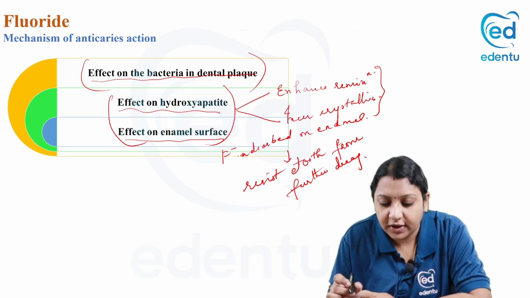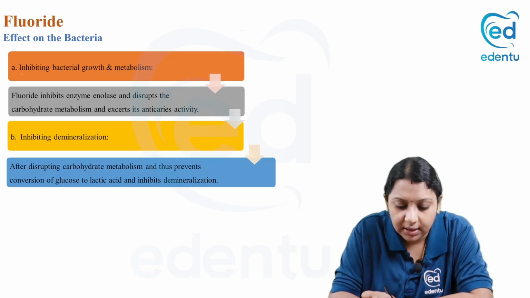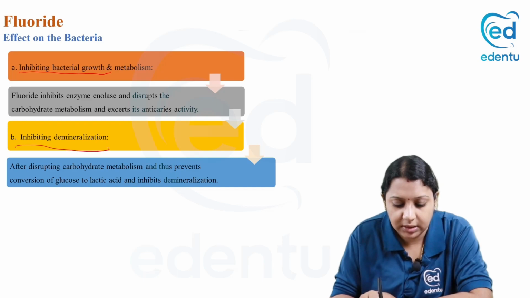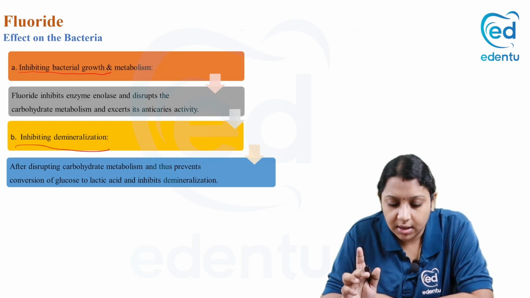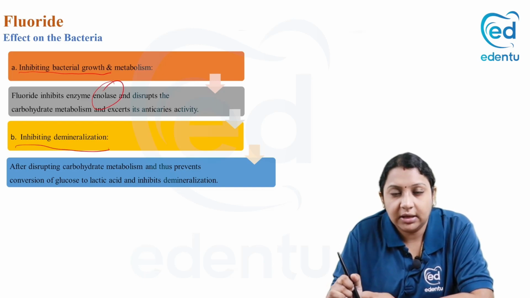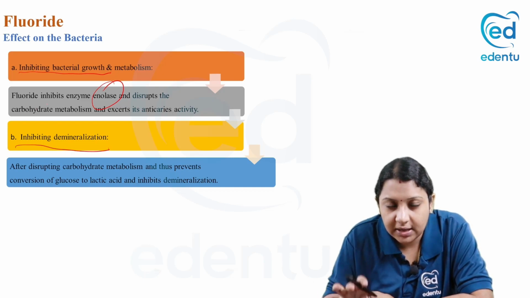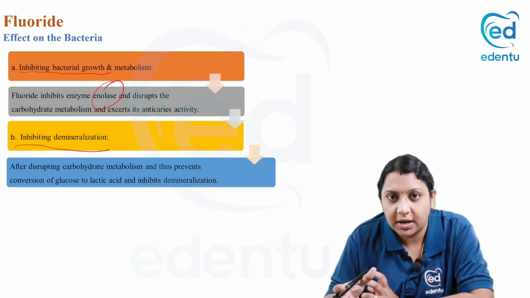Now coming to the effect on the bacteria in the dental plaque. First is that it can inhibit the bacterial growth and metabolism, and it can also inhibit demineralization. How does it inhibit the bacterial growth? We have to know the specific enzyme, and the name is enolase. Fluoride can inhibit this enzyme enolase, and it can disrupt the carbohydrate metabolism.